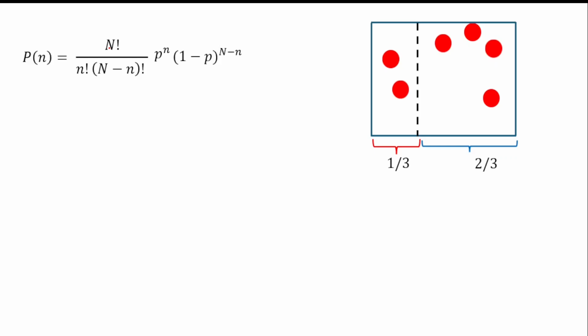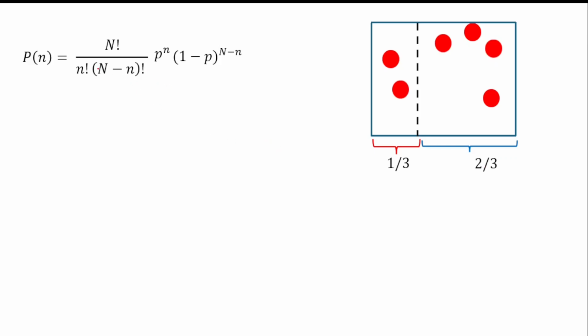Capital N is the total number of trials. So in this case, the total number of trials is equal to the total number of particles, and small n is the number of particles to be in the left 1/3 of the box. Then p, the success probability for this box, is 1/3, and 1 minus p is the failure, which is 2/3.